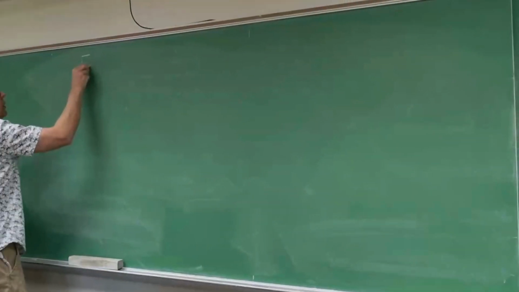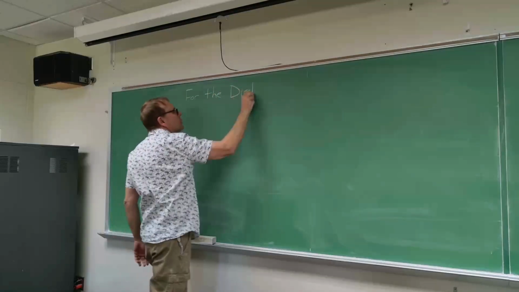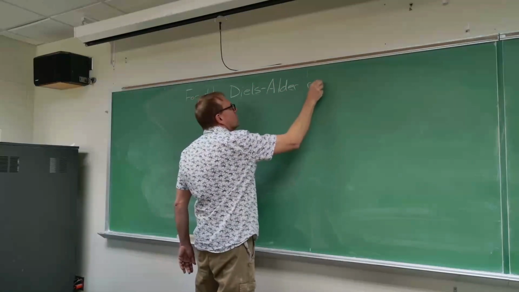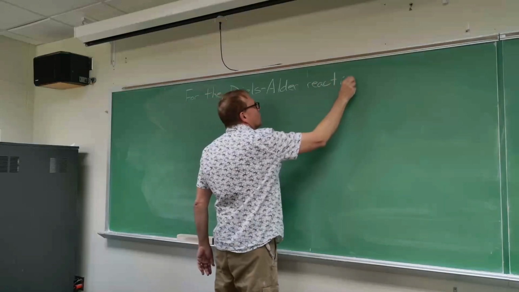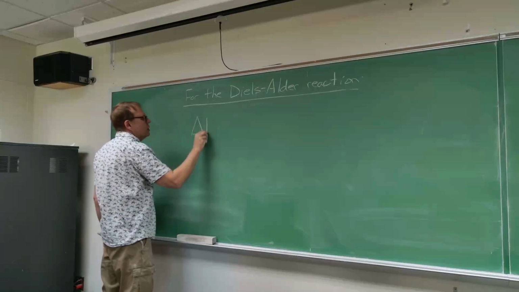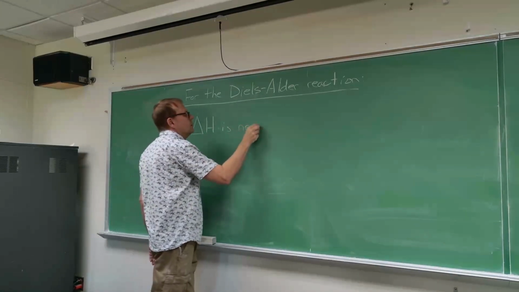So for the Diels-Alder reaction, delta H is negative.